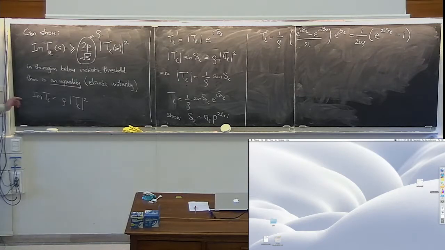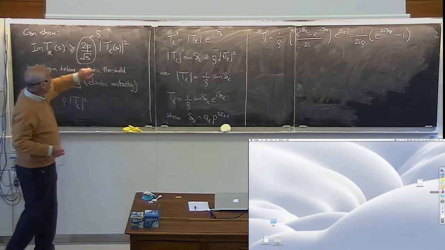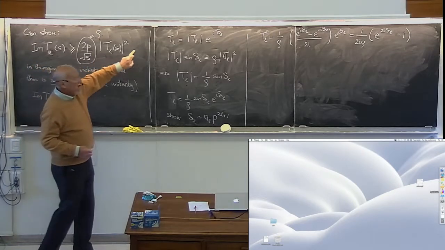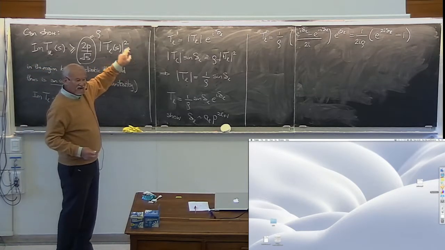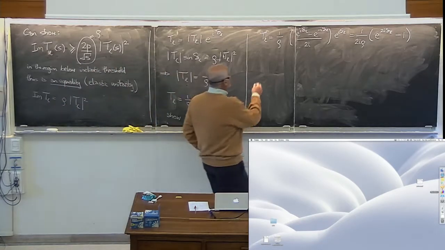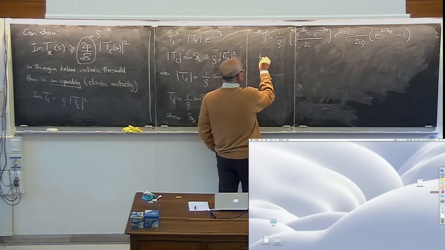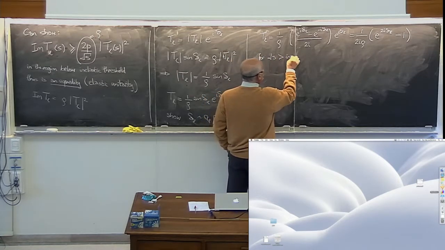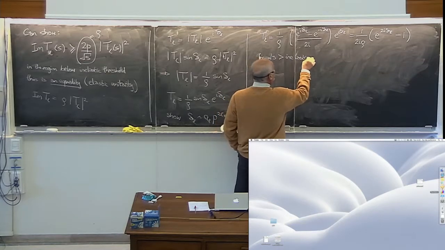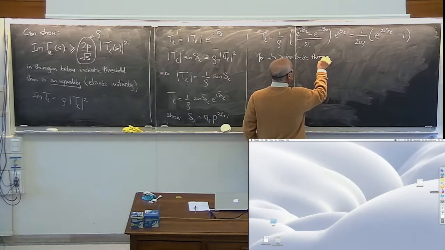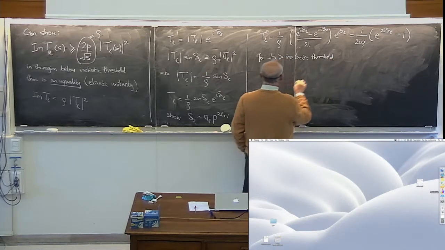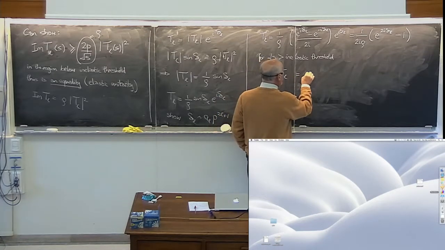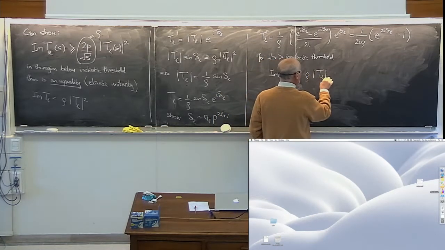But above the inelastic threshold, this just says the total cross-section is equal to the elastic cross-section, and now we have to add another piece, essentially the inelastic cross-sections. So for energies, or square root of s, above the inelastic threshold, in other words, when you can produce other particles than the ones you started with, the relation, it's just convenient to write it like this, is equal to rho times the modulus of T_L squared.